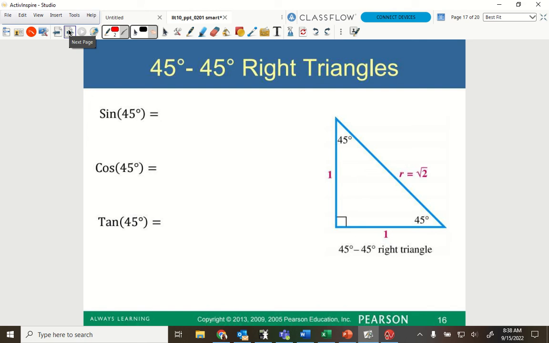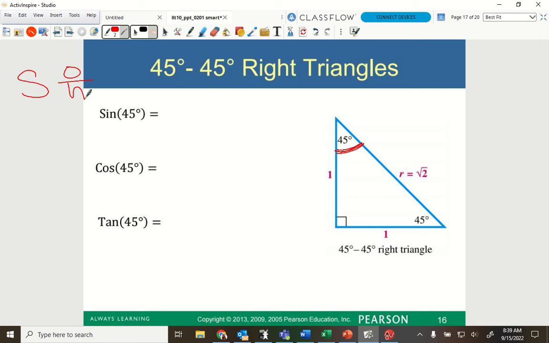So now for this one right here, sine of 45. It doesn't matter which one it's coming from. I'm going to call this a reference angle here. We know sine is always opposite over hypotenuse. So my reference angle is right here in red.